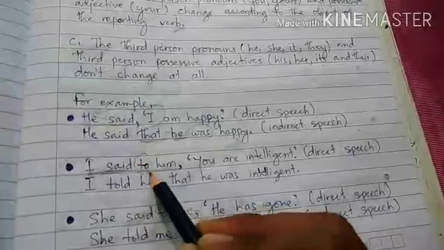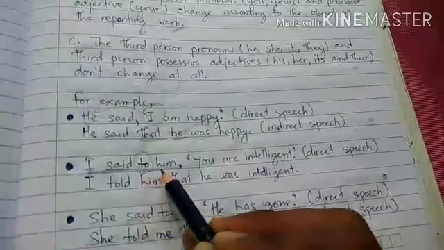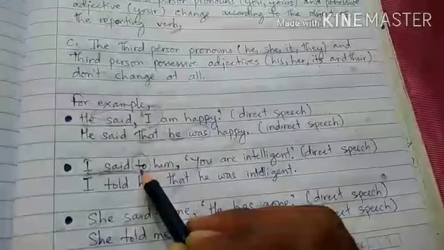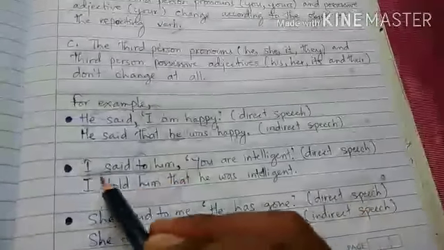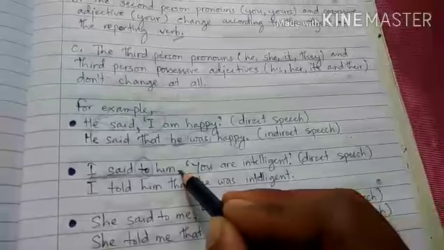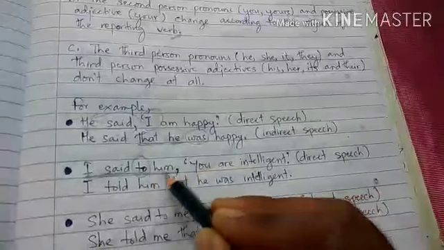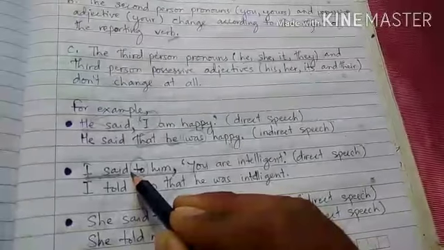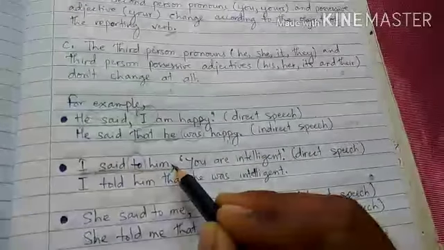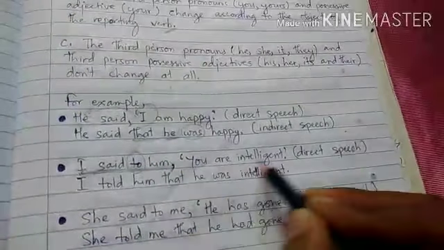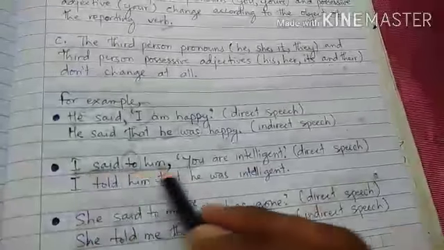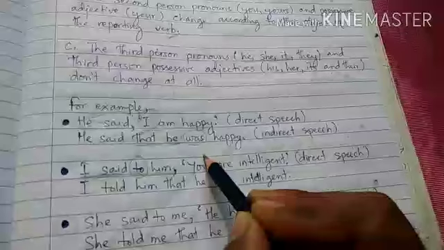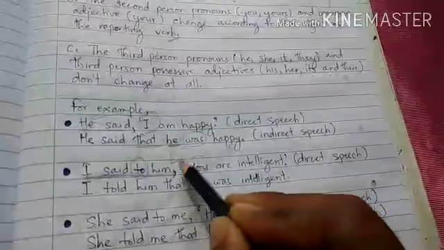Before the object we have to write the preposition to. Okay, now, I said to him, comma. After him we have to write the comma, not just after the reporting verb, because here we have the object of the reporting verb also. You are intelligent. So I said to him, you are intelligent. So here you refers to him.